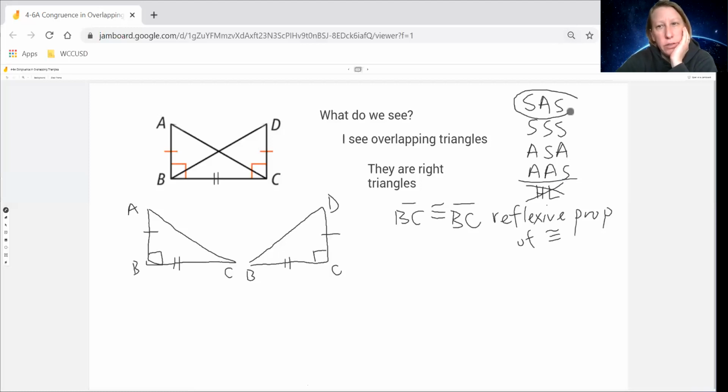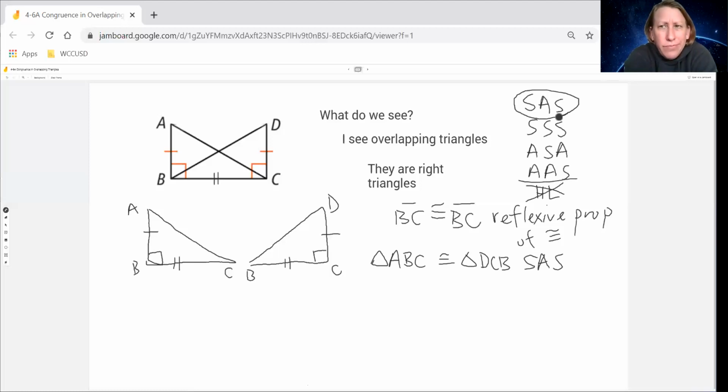Good. I'm not doing a proof, but if I was, if I'm just engaging with this figure, like what's everything I can find out about this picture? I would say triangle ABC is the same size and shape as triangle DCB because of side angle side.